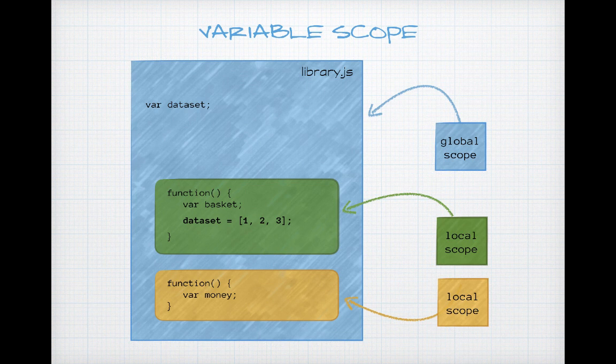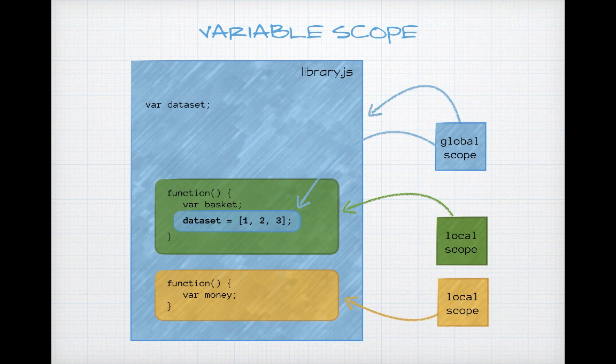So what happens here in this vision is in the green function, I can actually assign values to the variable called dataset. Here I'm assigning an array, 1, 2, 3, but it could be anything else that I wanted to assign. And so the dataset variable, because it is scoped globally, is accessible in any other function. It would be accessible in the yellow function as well.